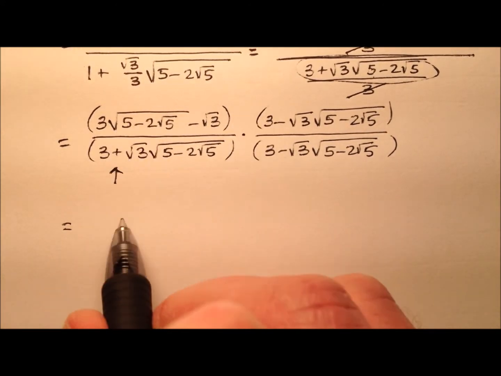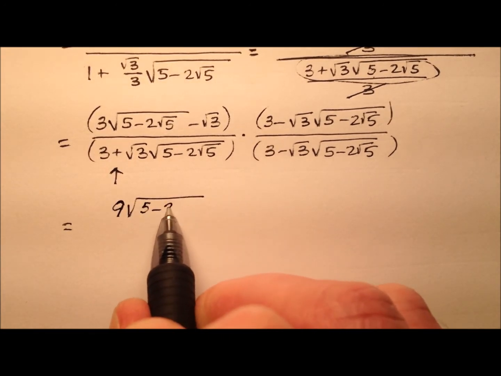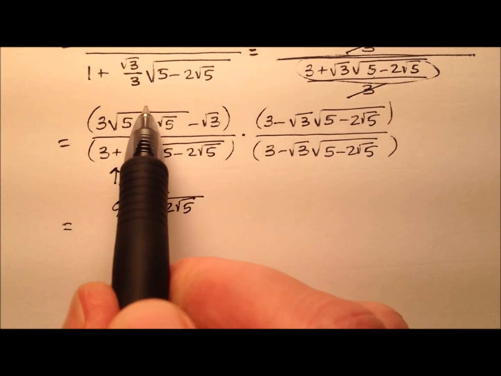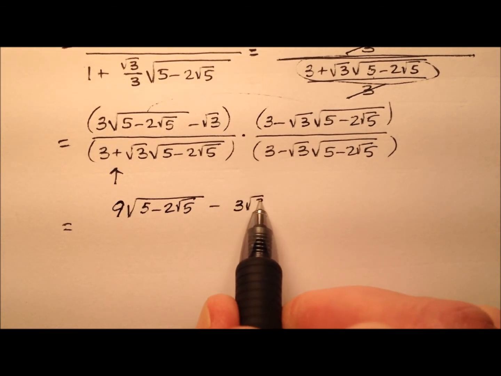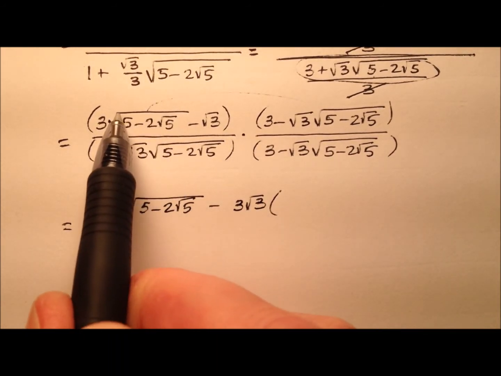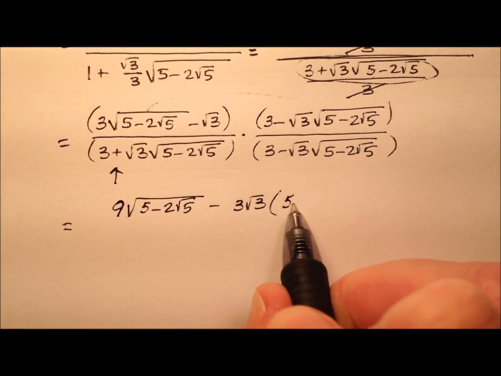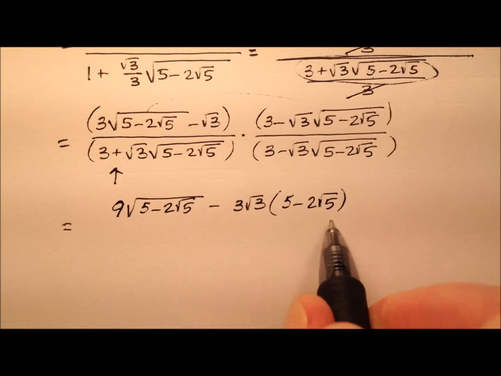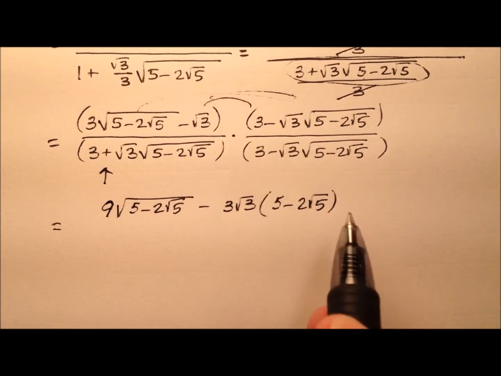Okay, so 3 times 3 gives us a 9 right there, and then this radical expression will come along for the ride, and then we'll multiply it this way, so it'll be minus 3 radical 3, and then since these two radicals are being multiplied and they're the same radicand, the square roots will cancel and just leave me with a real 5 minus 2 radical 5. And then let's do this distribution as well.